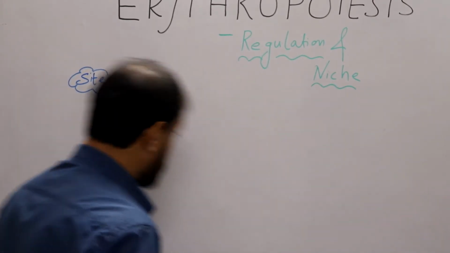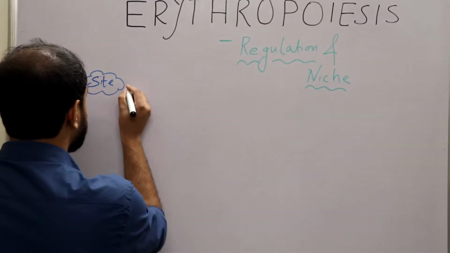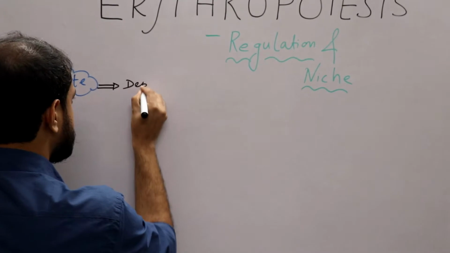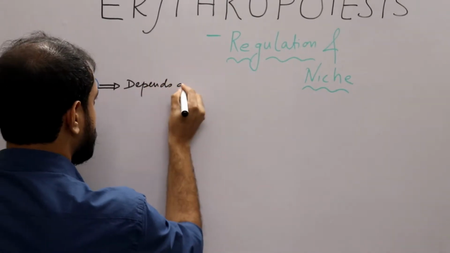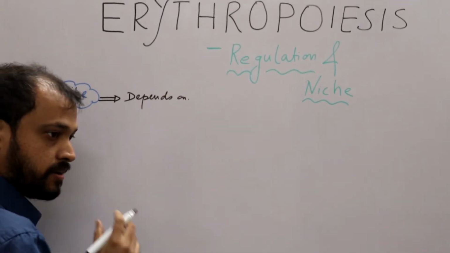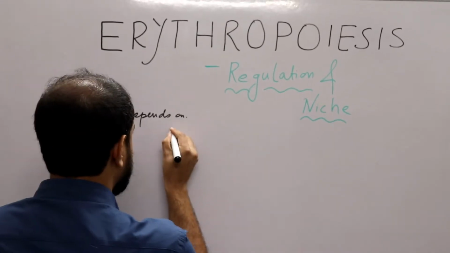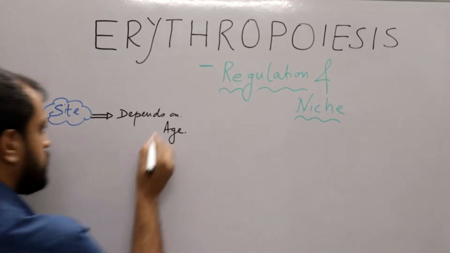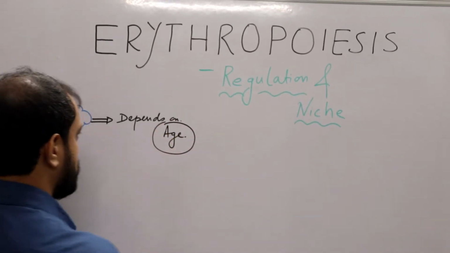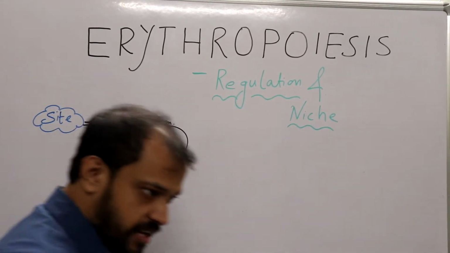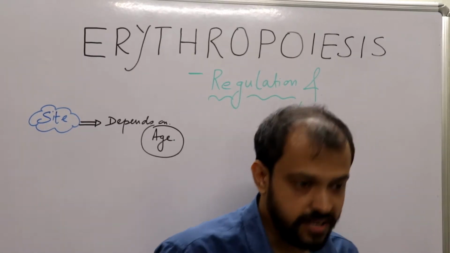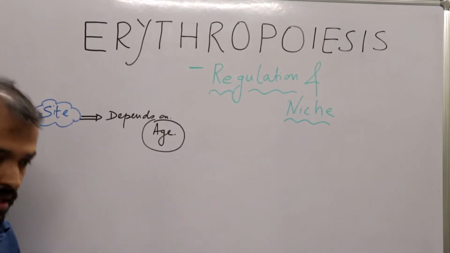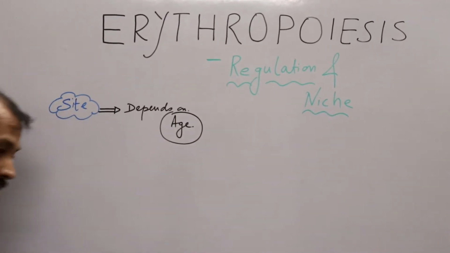The site of erythropoiesis depends on the age of the person. This is the most important thing you need to understand: the site of erythropoiesis is not a single site, but multiple sites depending on the age of the person.